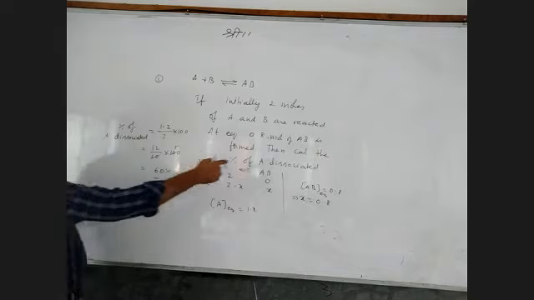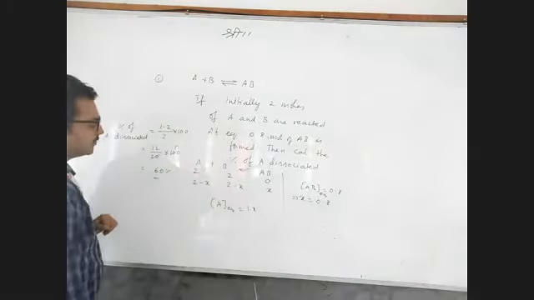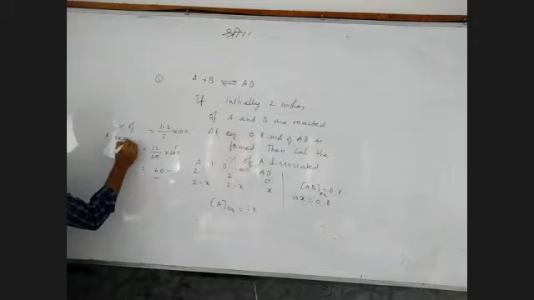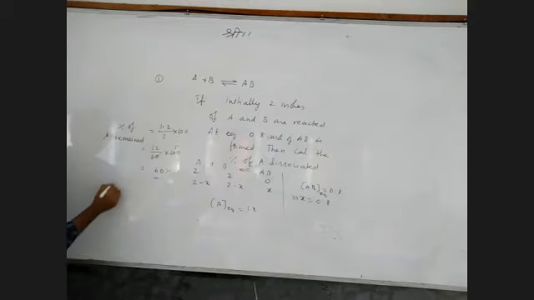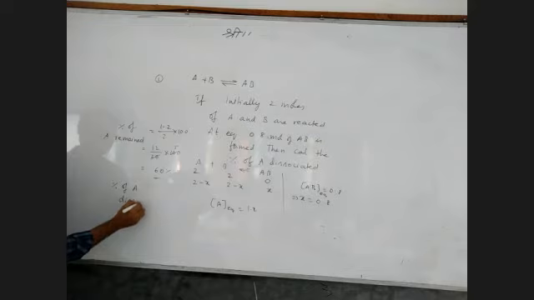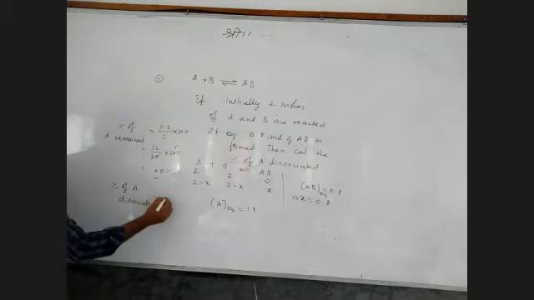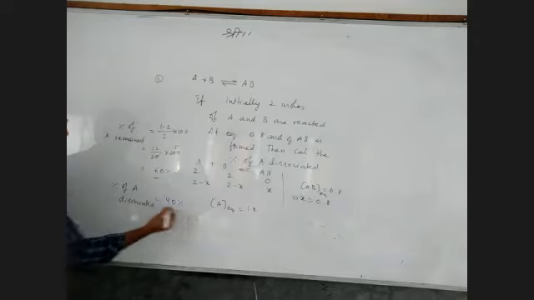Then what is our question? Percentage of A dissociated. Percentage of A dissociated is equal to 40%. So this is our answer.